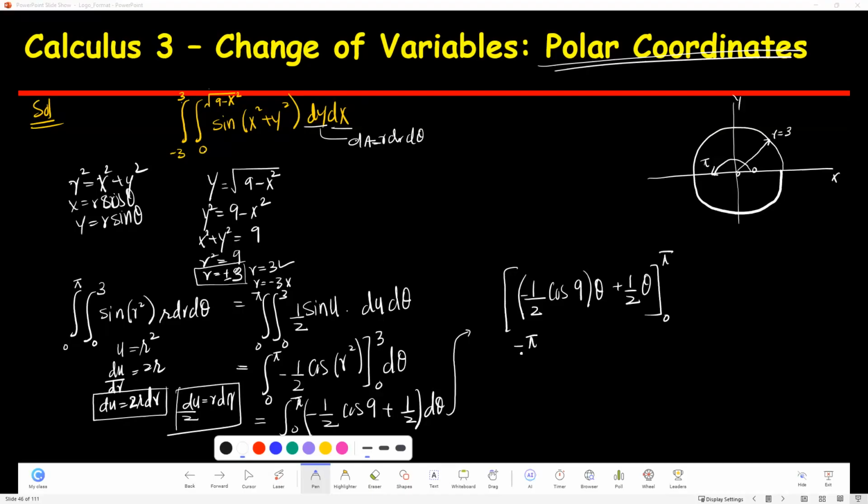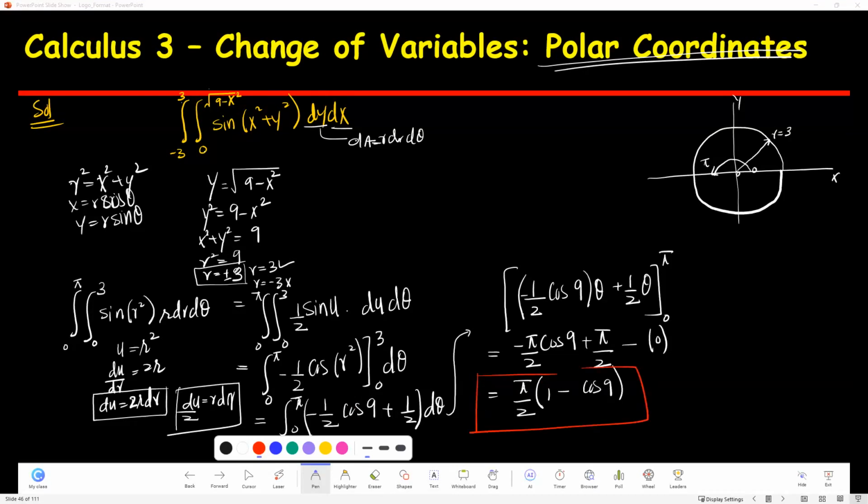This is equal to minus half cos 9 theta plus pi by 2, and then minus 0, minus 0. Theta has become 0, everything becomes 0, so we don't write it. Maybe I can write minus 0. Okay, let's simplify this further. Pi by 2, I'm going to take the common, 1 minus cos 9. And that is pretty much what I have. I cannot solve it further.